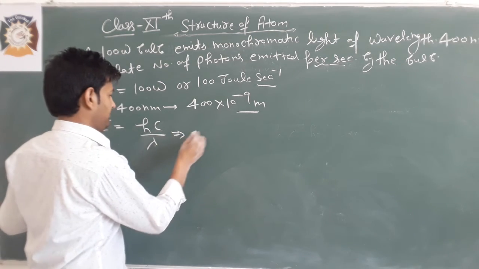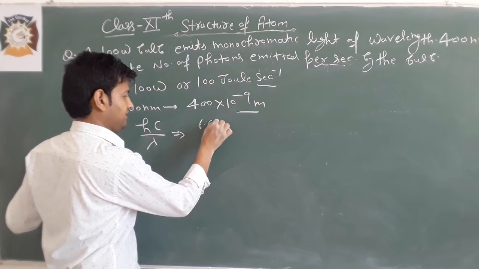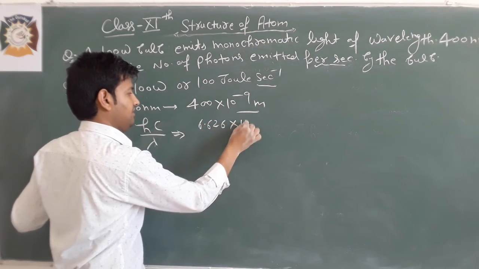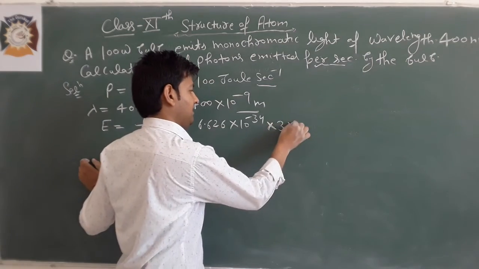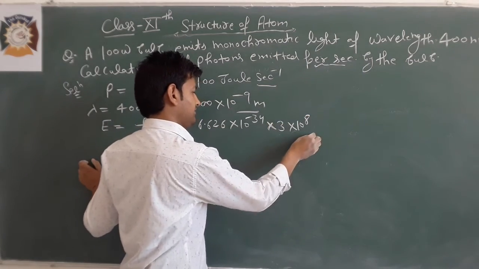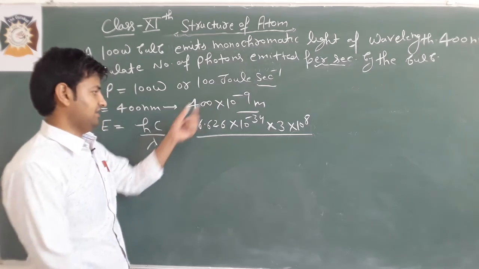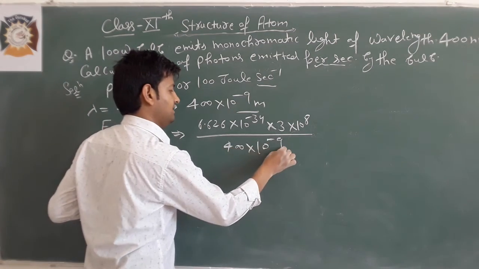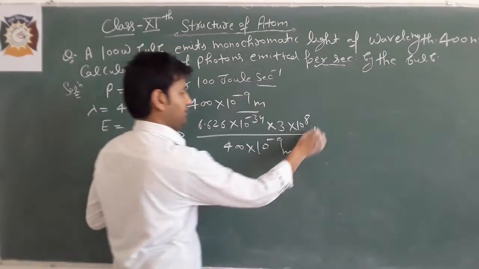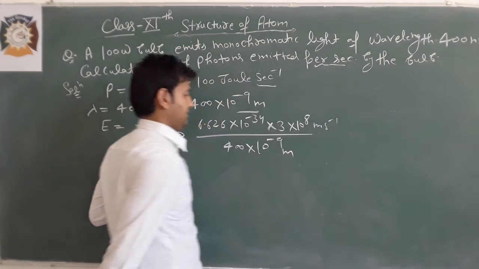Here h is 6.626 times 10 to the power minus 34, speed of light is 3 times 10 to the power 8 meter per second, and lambda is 400 times 10 to the power minus 9 meter.